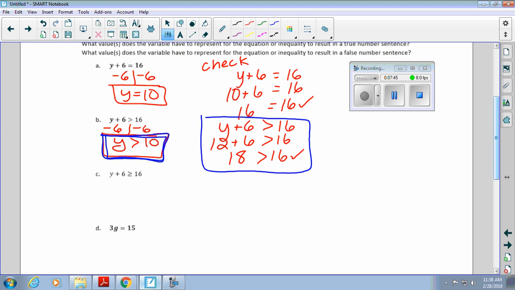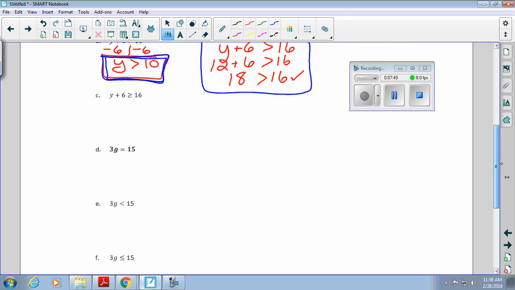This next one, we have the same type of thing, except we have a new inequality symbol that I'm not sure you guys have seen yet. All right, so we have y plus 6 is greater than or equal to 16. So that means when you evaluate the left-hand side, it should be greater than or equal to 16.